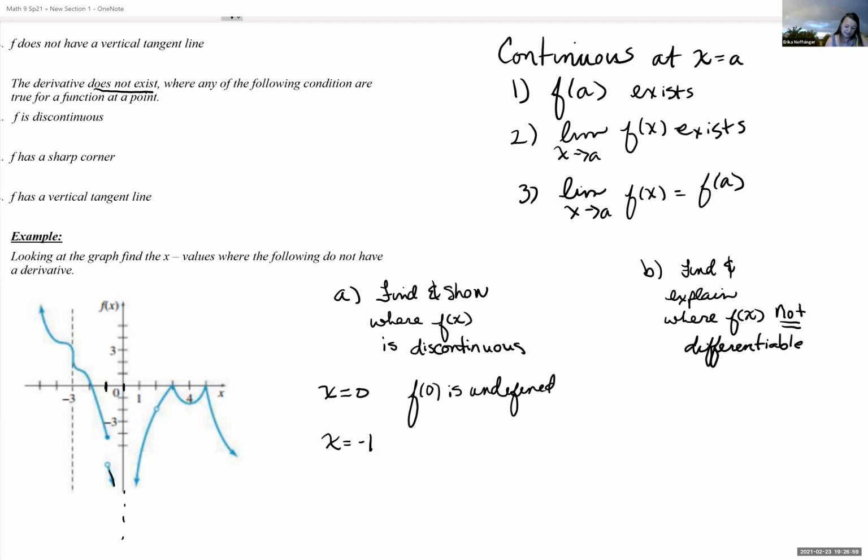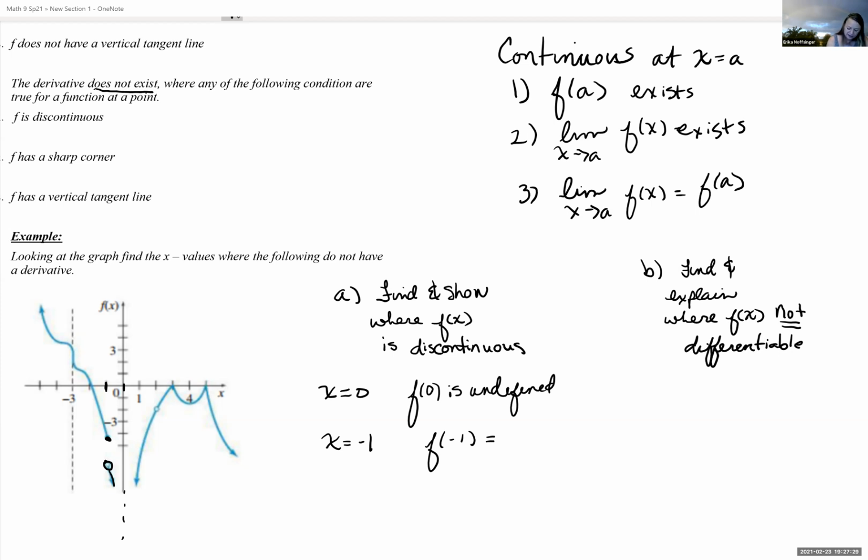So notice that actually f of negative 1 exists. When x is negative 1, if we look on the graph, remember the solid circle is where the point is. The open circle shows where the limit is going, but it's not where it's defined when x is negative 1. So this is about negative 4.5. Here's my y value when x is negative 1.